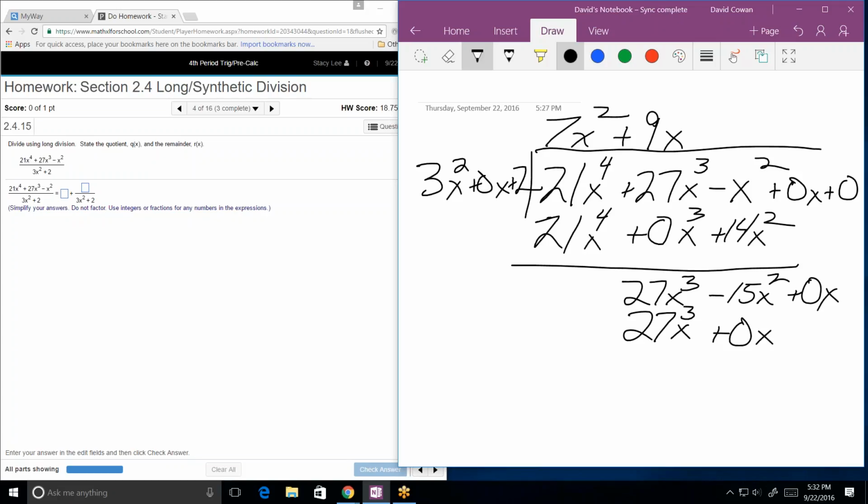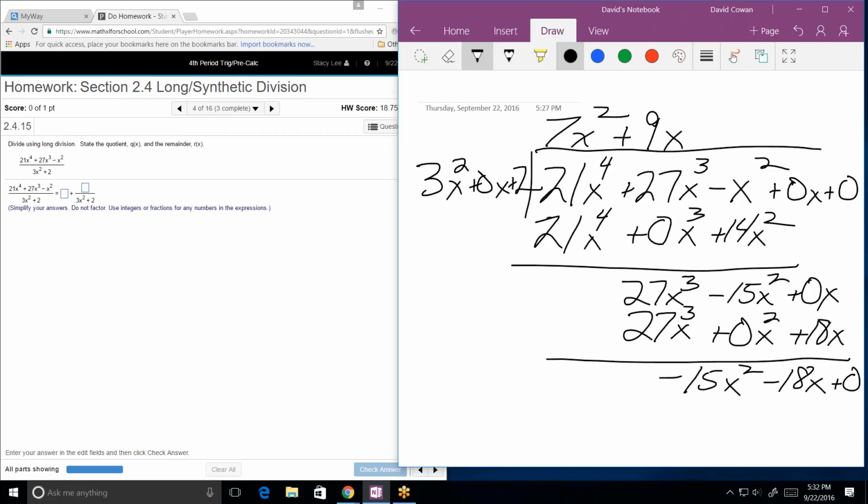27x cubed, and then 0x squared. Yeah, 0. Okay, and then I subtract and I get minus 15x squared minus 18x plus 0.